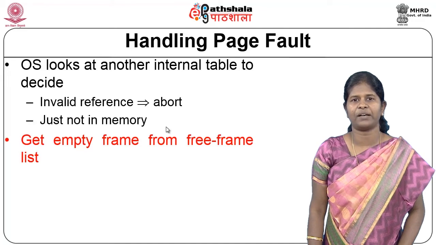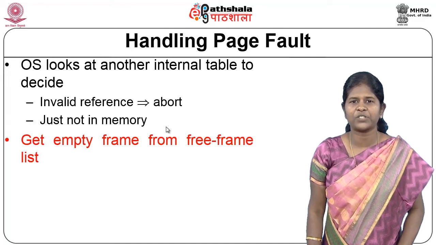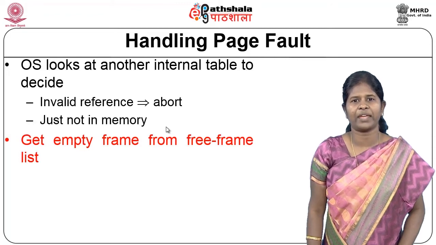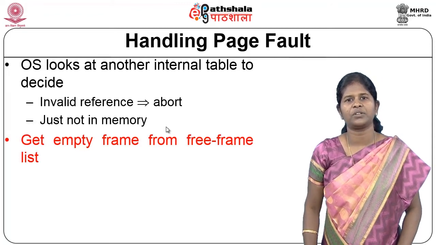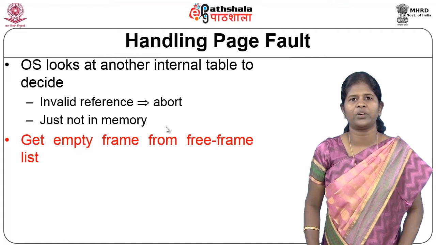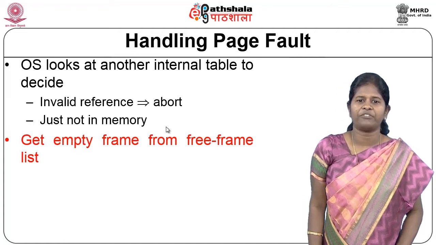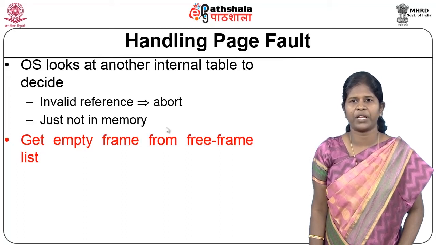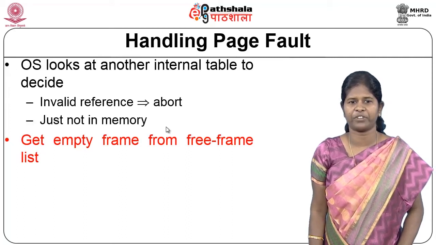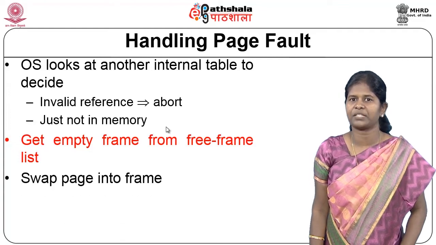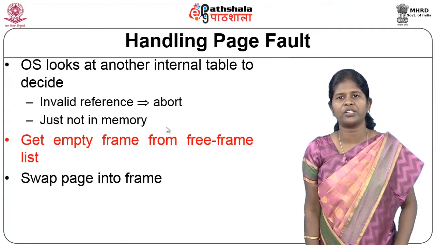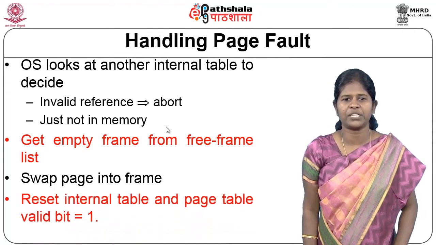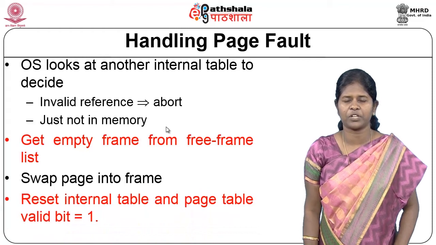But if it is a valid page, and the page fault is generated just because it is not in the main memory, then you try to handle this page fault. So, how do you handle the page fault? You get an empty frame from the free frame list, an empty frame in the physical memory. You bring that page from the backing store into this free frame, and you reset the internal table in the process control block.